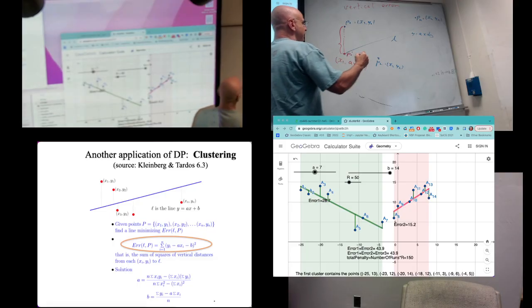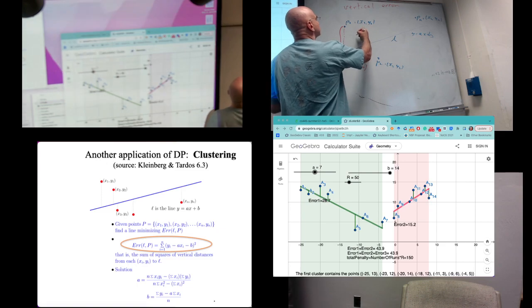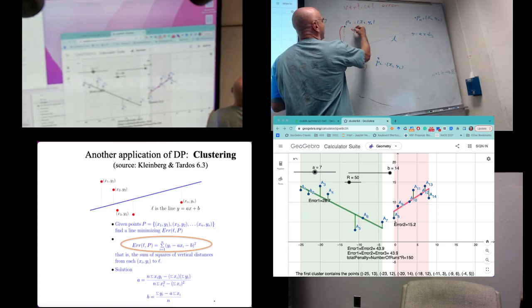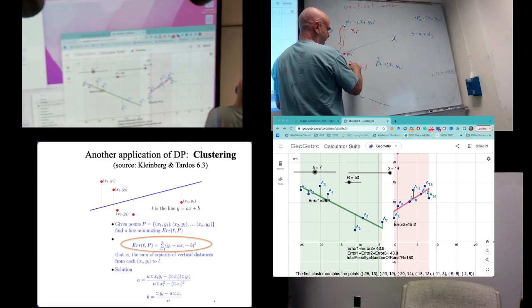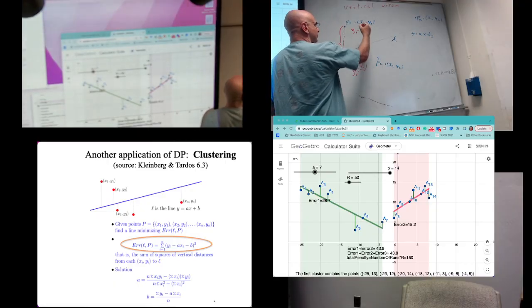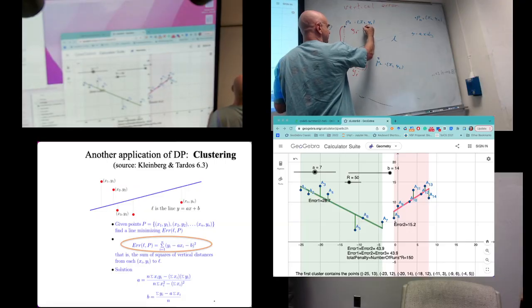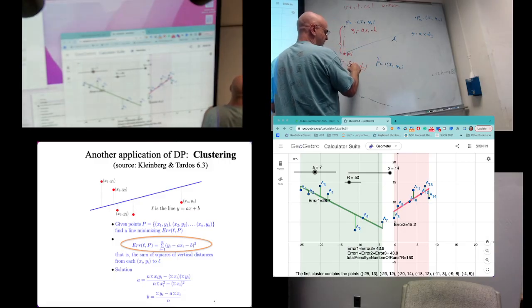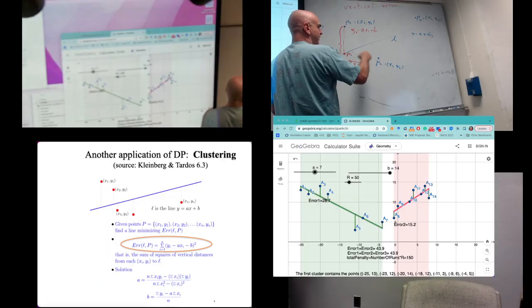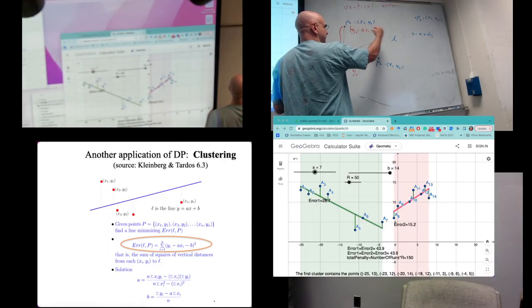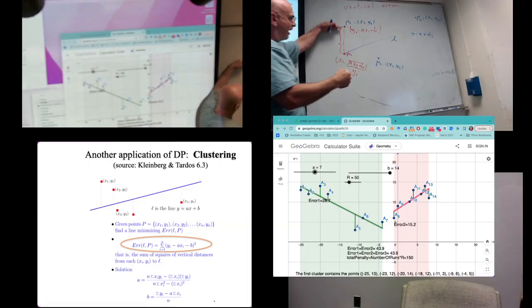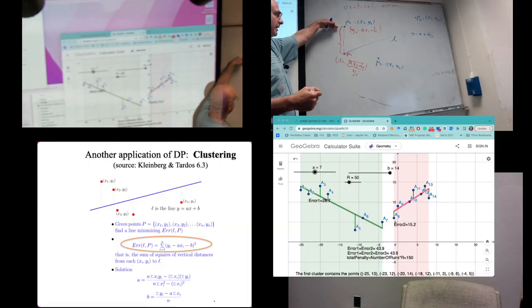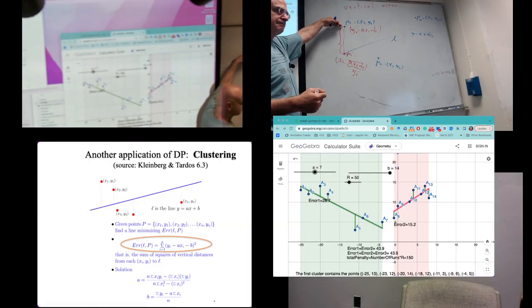This value is y1 minus y1 prime, which is y1 minus ax1 minus b. And this tells me what is the vertical error between the line and the point P1.